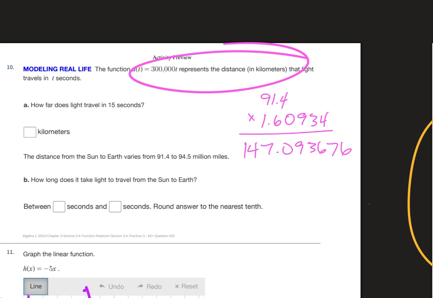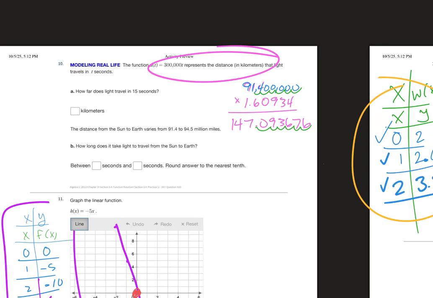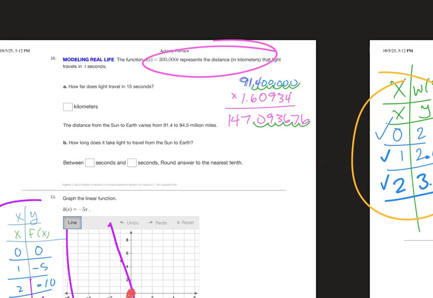The reason we keep this isn't just 147 point whatever is because this was 91,400,000. So really, we go 1, 2, 3, 4, 5, 6 decimal places. That is exactly how many miles or kilometers, I suppose it is.